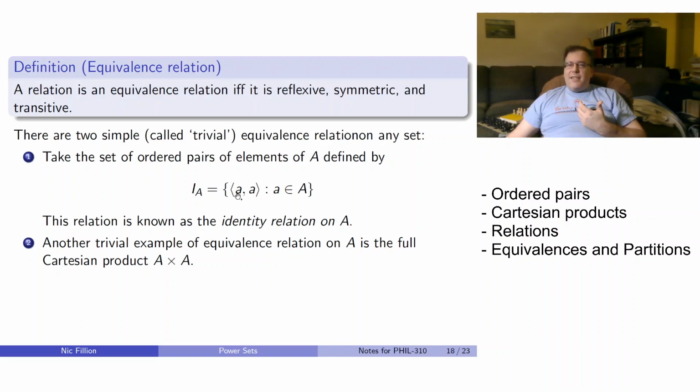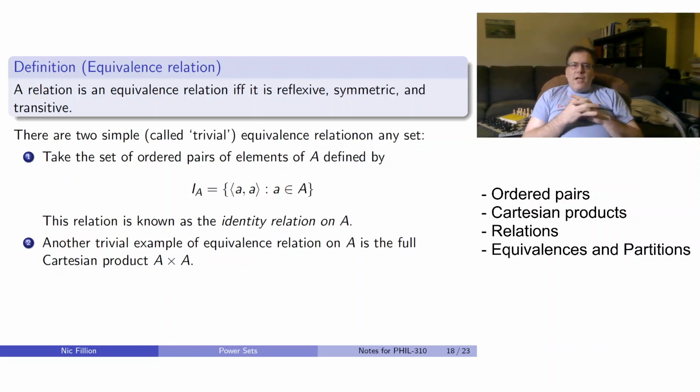You could see that, of course, if all your ordered pairs are such that the first member is the same as the second member, that really captures the idea that for all x in A, x equals x. So that's the first equivalence relation. Why is it said to be an equivalence relation? Because, well, the identity relation is reflexive, symmetric, and transitive, as we already studied.